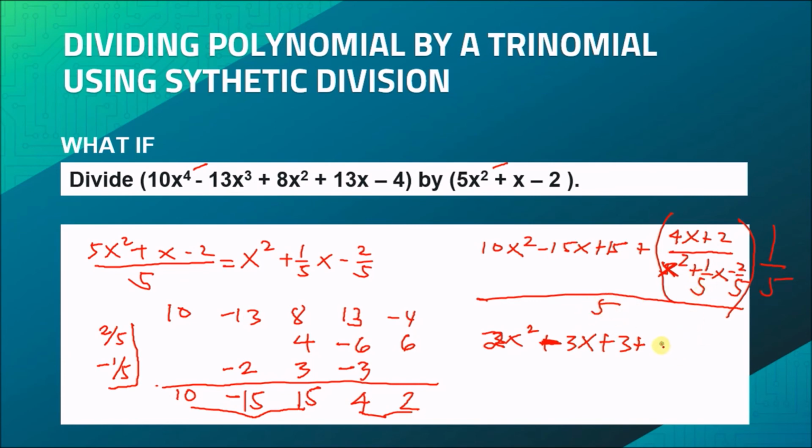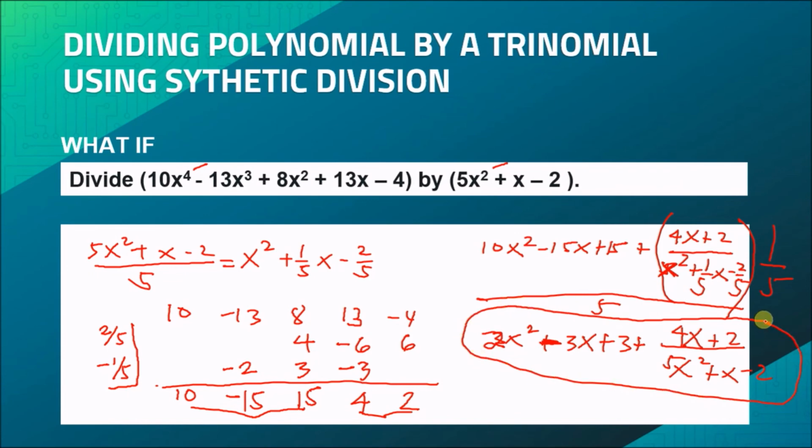So our numerator is not affected, still the same, because there is a 1 there that you multiply. Here, the 5 goes to the denominator, until our writing becomes perfect. 5 times x squared is 5x squared. 1/5 times 5 is x. And then negative 2/5 times 5 is negative 2. So, therefore, this is our final quotient.